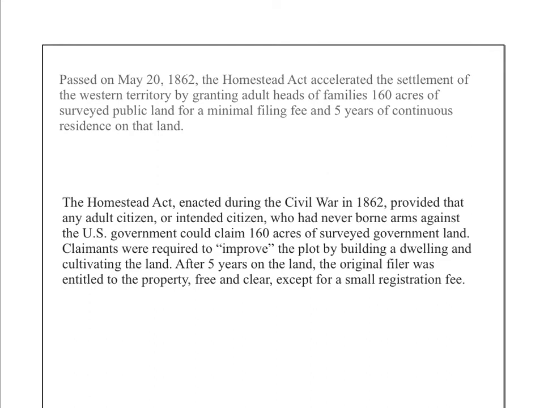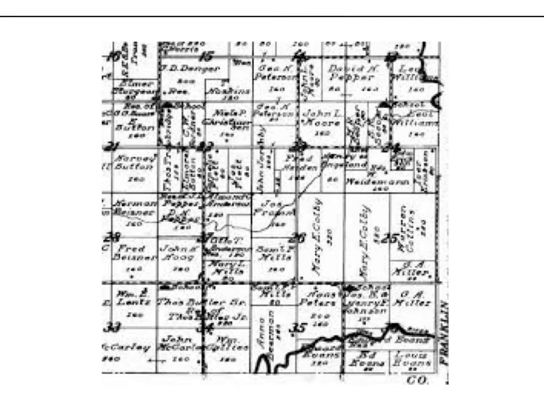And if they could farm the land and show improvement over that 5-year period, they got the land for free. And so that's the Homestead Act, which, for better or worse, that's what happened in history. Here's an example of the city of Farmington back in the late 1800s, and you can see the homesteaded pieces of land that have been parceled off.